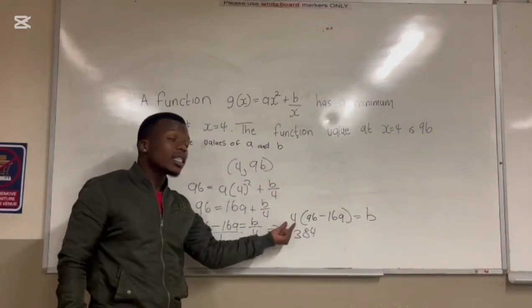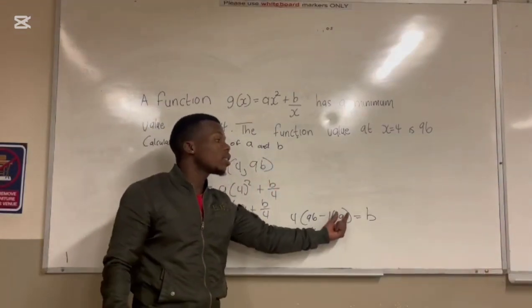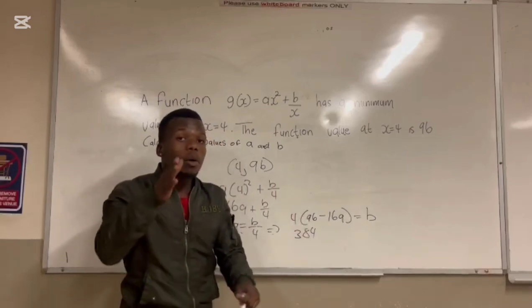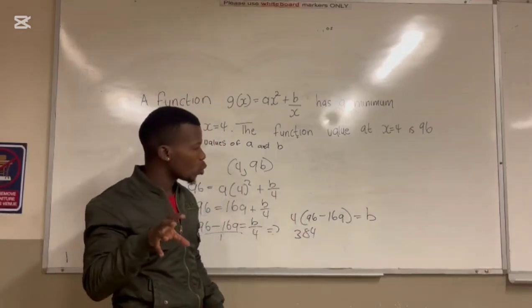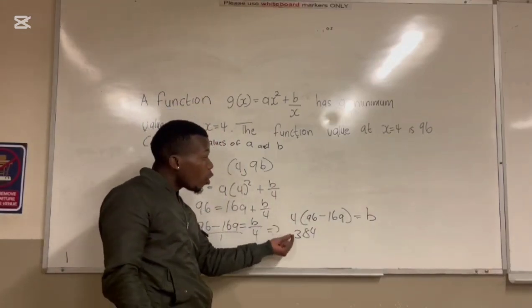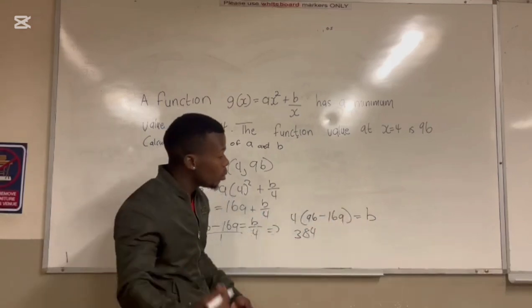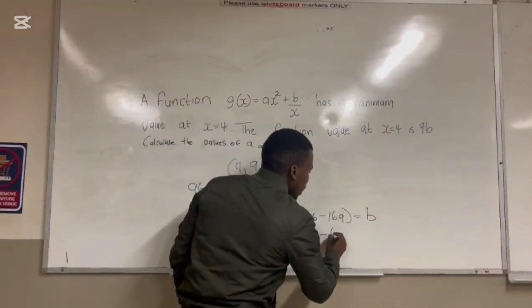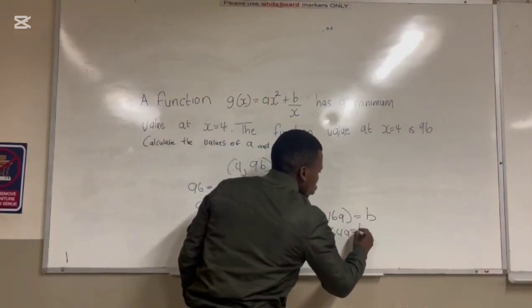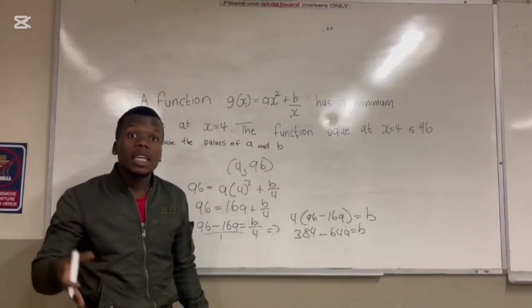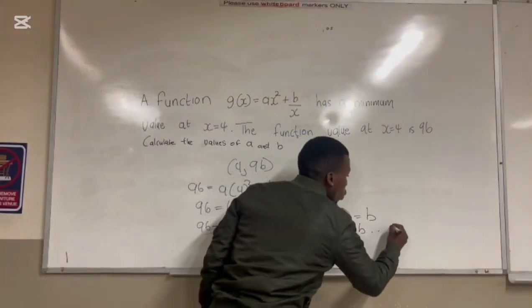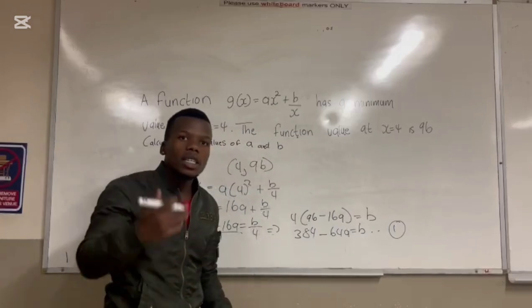And then positive 4 multiplied by negative 16a. Remember, positive multiplied by negative is negative. Meaning 4 multiplied by minus 16a will be minus 64a, which is equal to b. This is equation number 1.